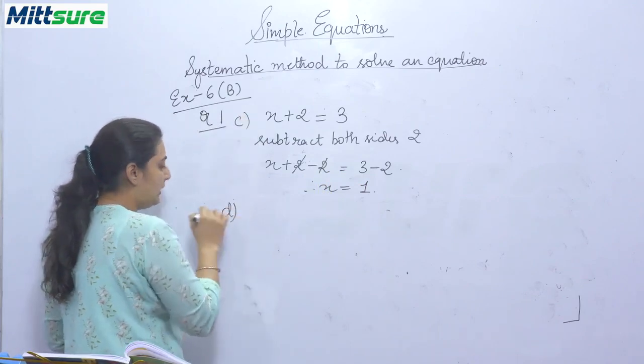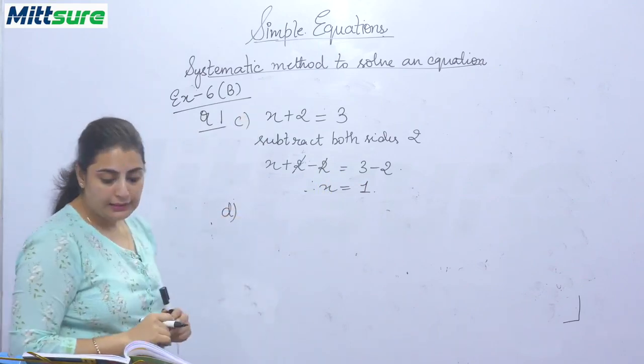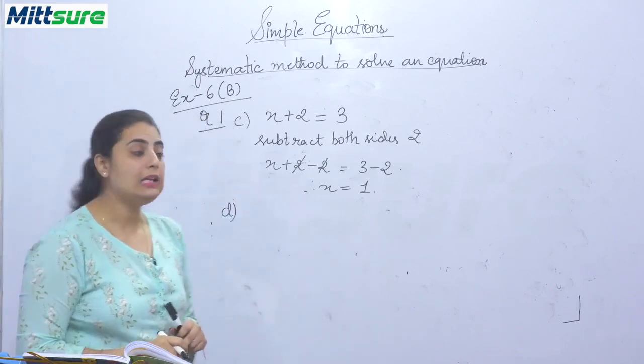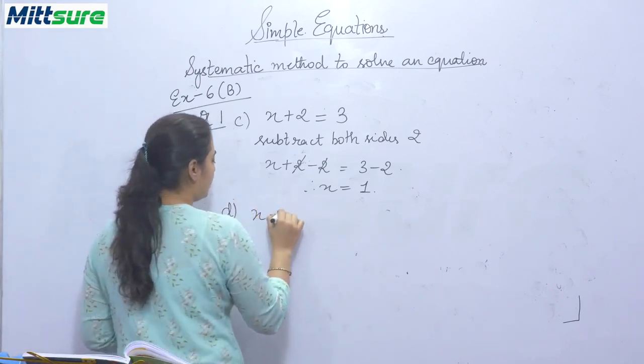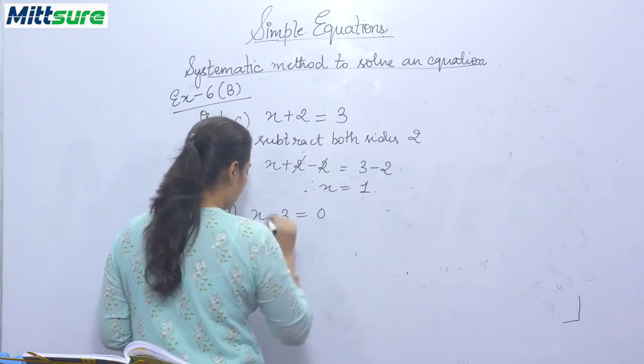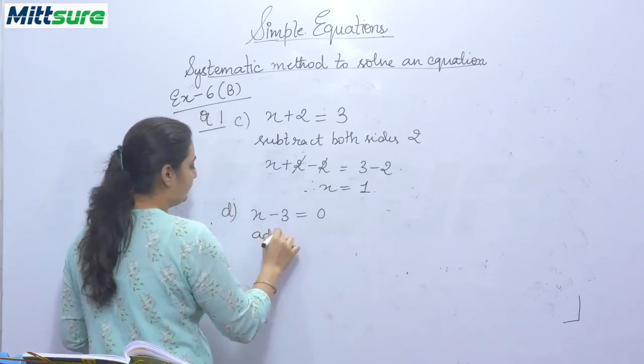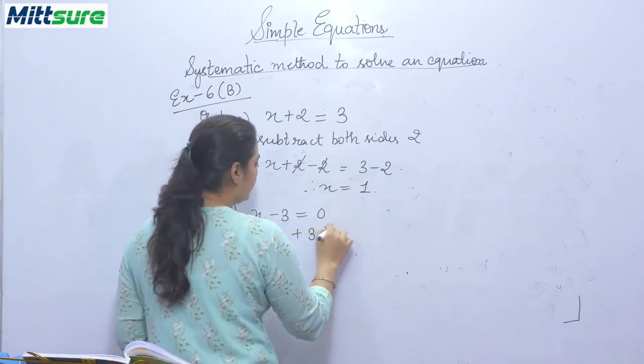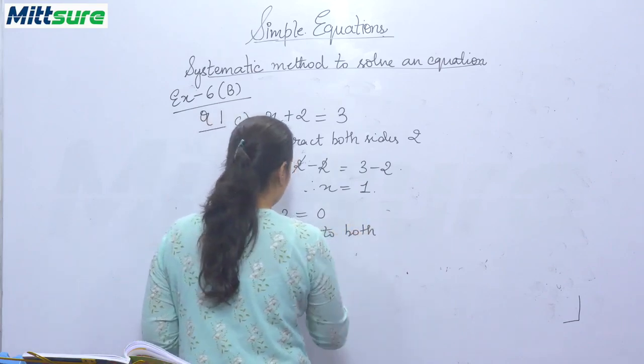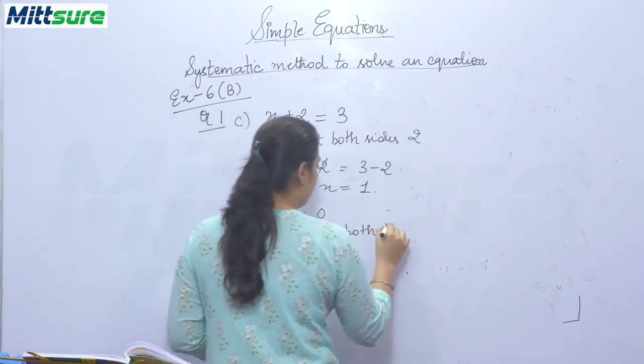Now let us talk of D part. Now in D part we have got x minus 3 equals to 0. X minus 3 equals to 0. Now add 3 to both sides.